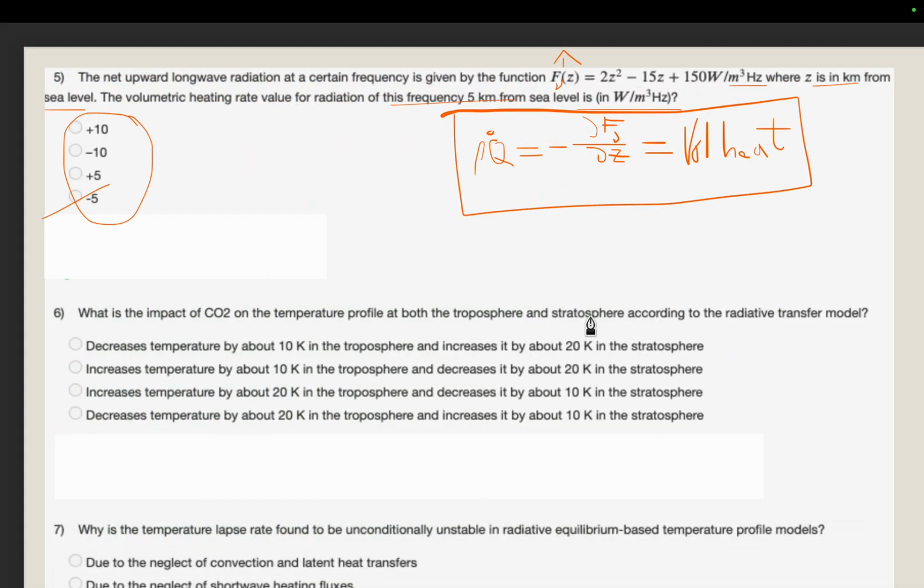Now question 6. What is the impact of carbon dioxide in the temperature profile at both troposphere and the stratosphere according to the radiative transfer model?